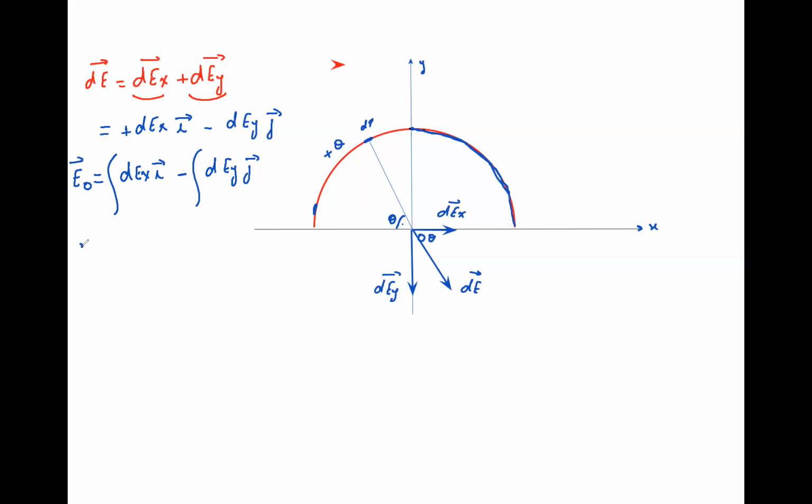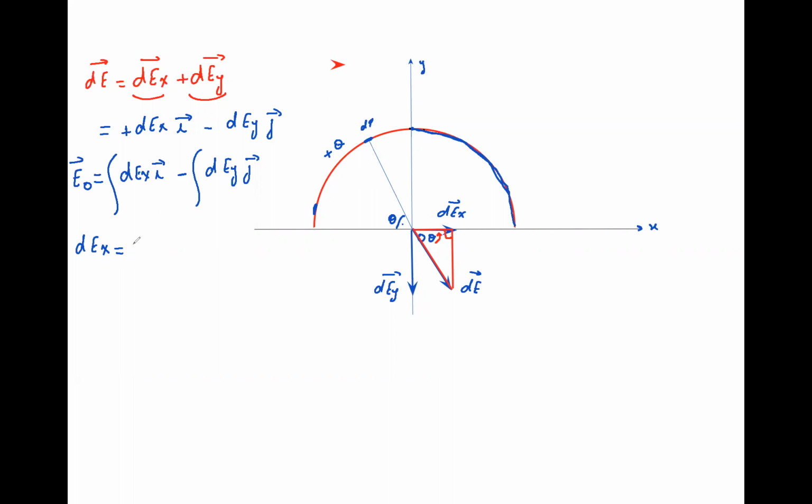You know that dEx, let's take this triangle, here we have the right angle. dEx is the adjacent side, so we calculate by cosine.